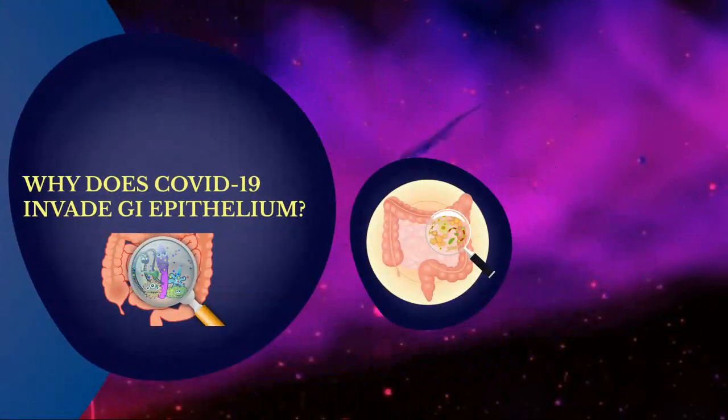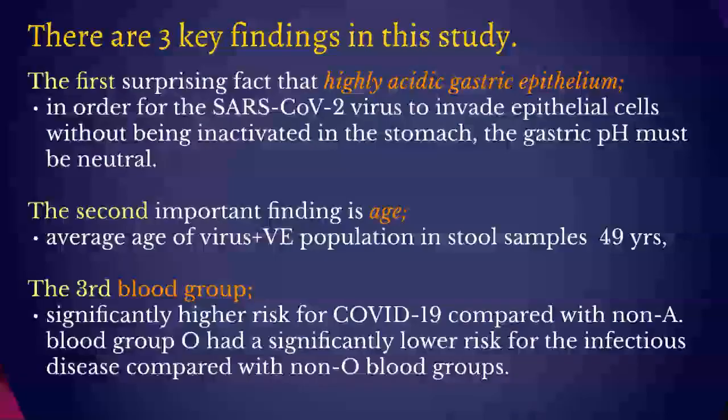How does COVID invade the GIT epithelium cells? There is a key factor for this entrance. In patients with COVID, a stool sample may persistently test positive even when the respiratory sample is negative for the virus.